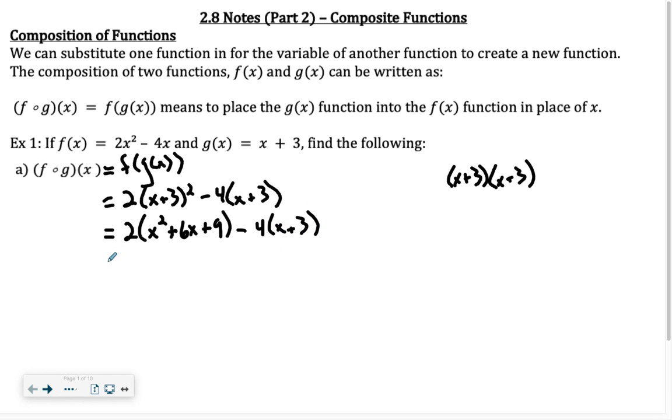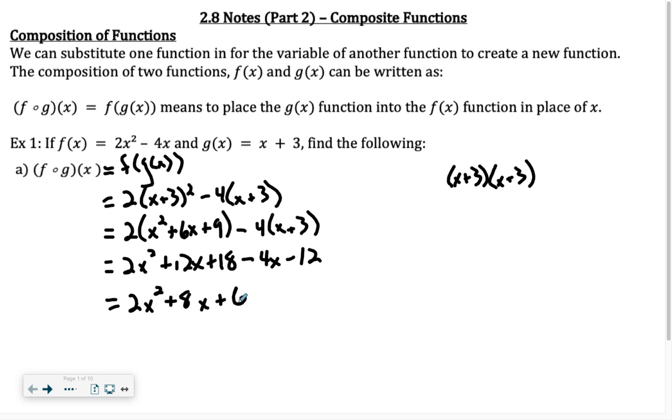Then I'll do my distribution and combine like terms. So this will be 2x squared plus 12x plus 18 minus 4x minus 12 if I distribute that negative 4 through. And finally, we can combine 12x and negative 4x to get 8x, and 18 and negative 12 to get 6. Okay, so this would be the composition of these two functions, f of g of x.